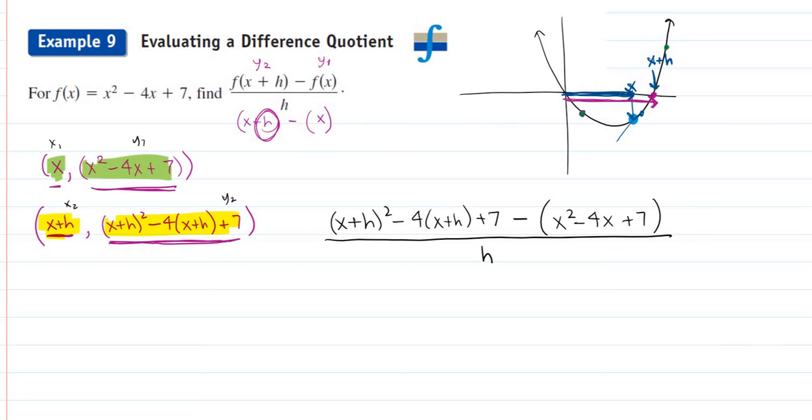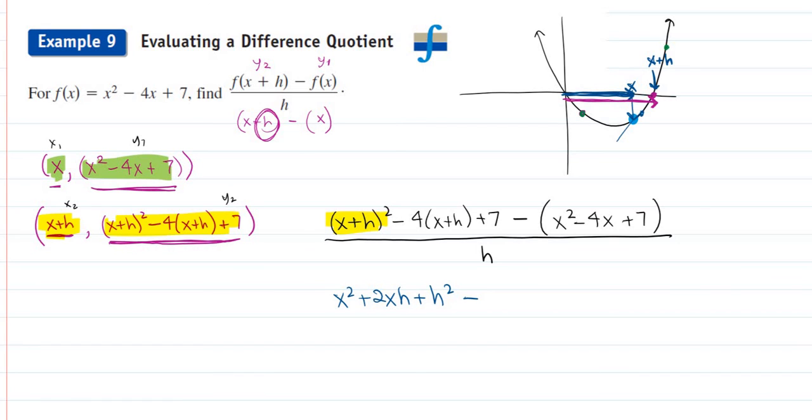So now all we have to do is expand, combine like terms and simplify. Okay. Here, recall this is going to be a sum squared. So if you know how to multiply sums real quick, this ends up being x squared plus 2xh plus h squared because you FOIL it.